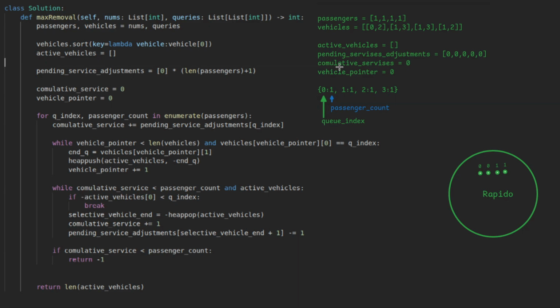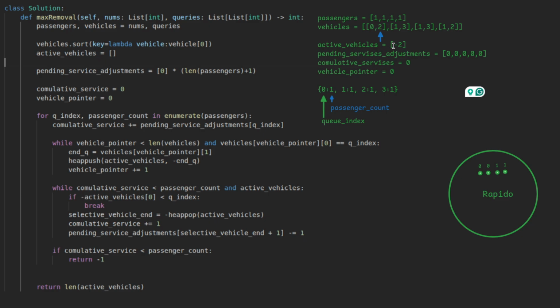I'm just putting a new arrow here, right? This is my vehicle pointer. So my vehicle pointer is initially at 2, right? So what I will be doing is at active vehicles, I will be just taking an end of it, that is 2, and in the active vehicle I will be putting down -2, right?